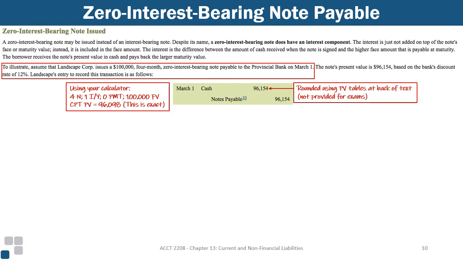Okay, so you calculate the present value using your calculator. You probably should know how to do this using your financial calculator. I'll post a video, it should be there already by the time you view this, on how to use your calculator for a bond transaction. It's already there. If you look in chapter 14, there is a short video on how to do that.